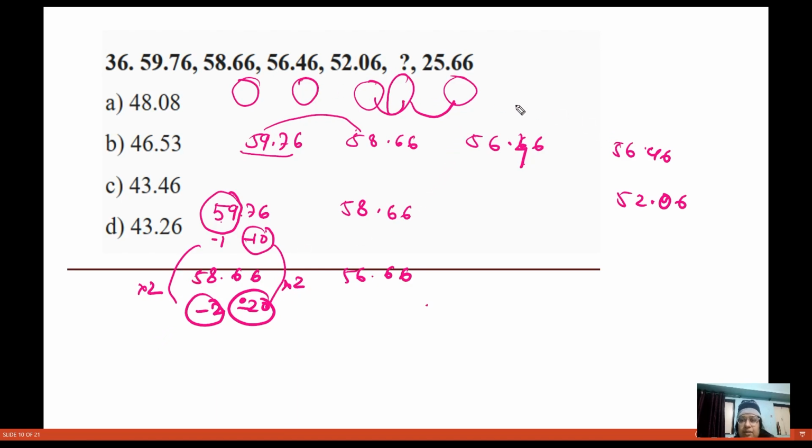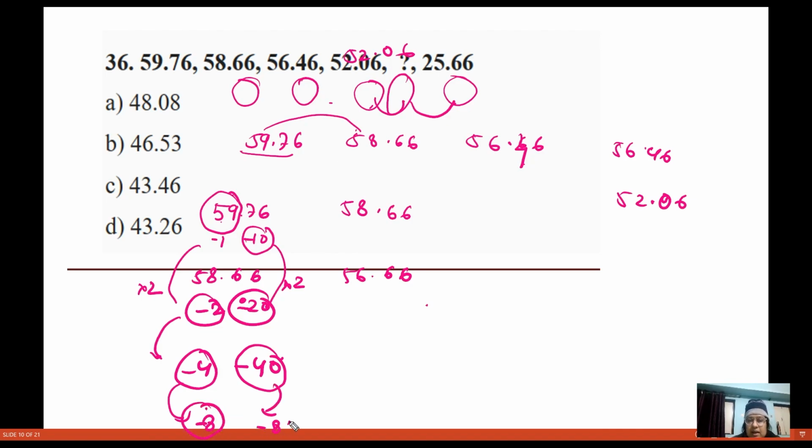Okay, then you have your next number 52.06. So this is very obvious. We are getting minus 4 here and then minus 40 here. Okay, so minus 4 becomes 52 and minus 40 makes it 0.06. Okay, so the next, you will do what? Minus 8 with the main number and minus 80 with the decimal.